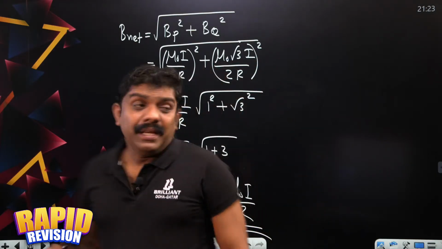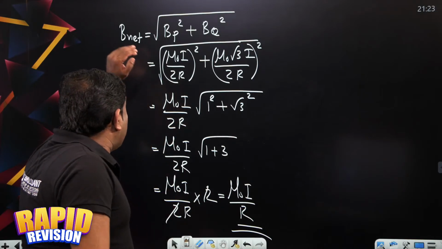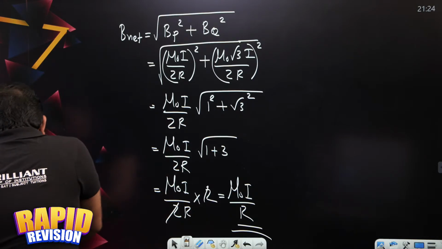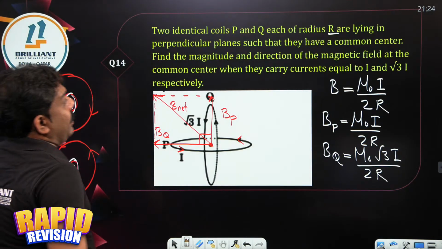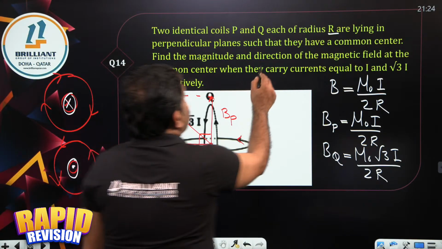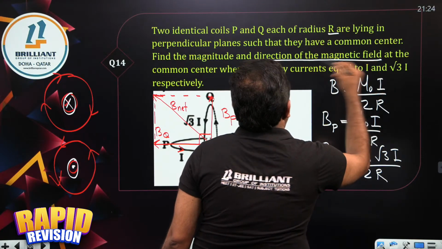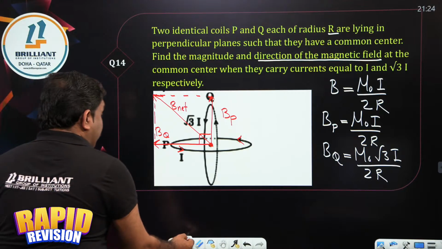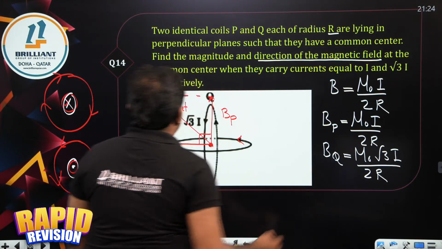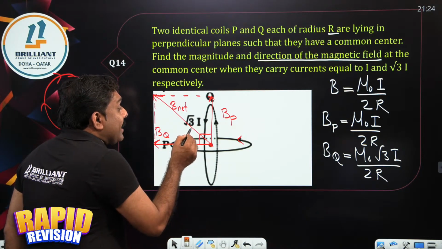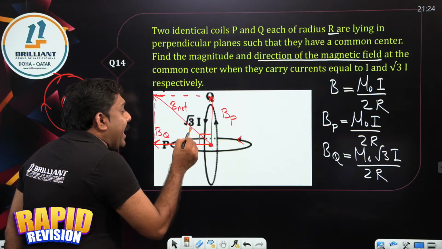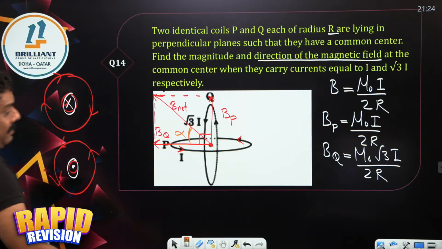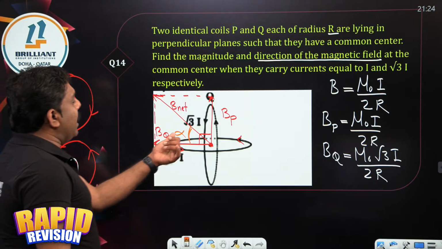Now the question: if B net is equal to mu naught I by R, what is the direction of this? I want to find the magnitude and direction. In order to find the direction, I see how much this is inclined with the x-axis. So this angle I want to find, alpha. How will I find alpha?